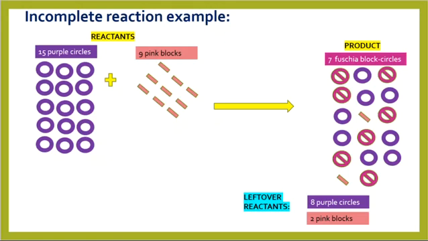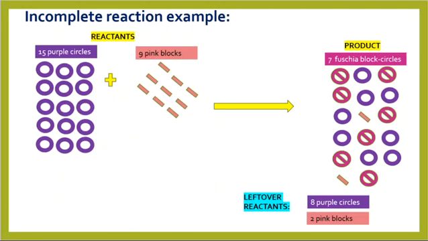Now let's use that example to look at what an incomplete reaction is. Here we have 15 purple circles and 9 pink blocks. We can expect them to combine in that simple 1-to-1 ratio to form, hopefully you guessed it, what should be 9 block circles. That would be our theoretical yield. But in this case, you can see that we only have 7 fuchsia block circles that actually form.